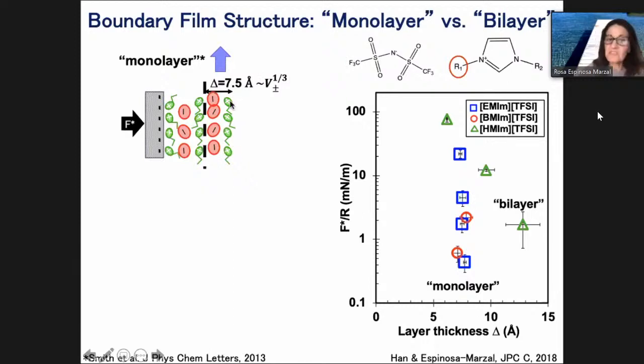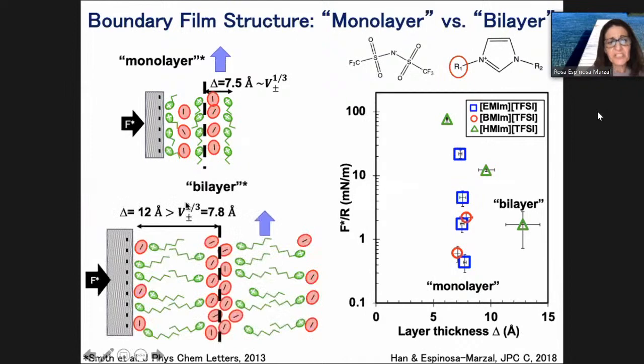We don't know how they are organized. This is a cartoon where I just plotted them alternating anions and cations, but we really don't know how they are organized. But they have the same number of anions and cations to maintain electroneutrality. And then here you have the results for the HMIM, with a hexyl group, and the thickness is about 1.2 nanometers or 12 angstroms, which is larger than the size of an ion pair.